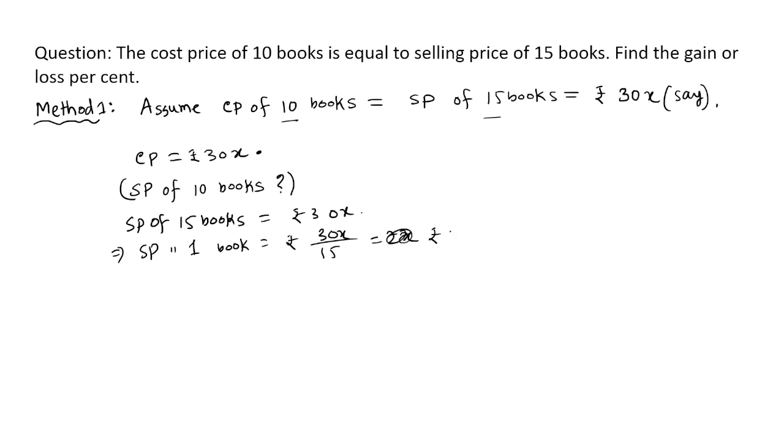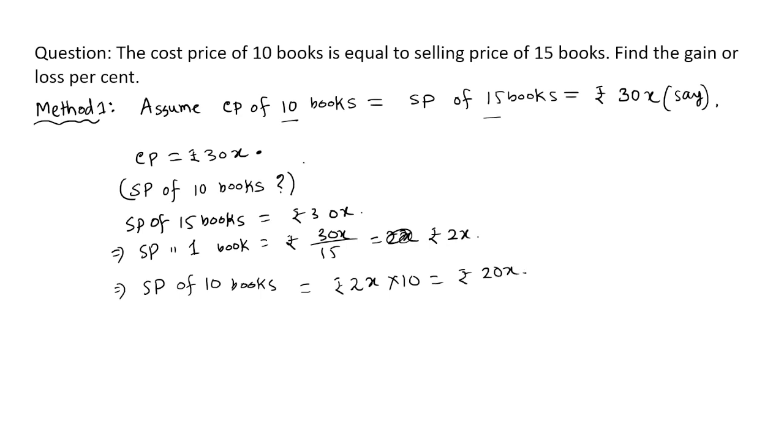Rupees 2x is the selling price of one book, but he has 10 books. So SP of 10 books equals rupees 2x into 10, that is rupees 20x.